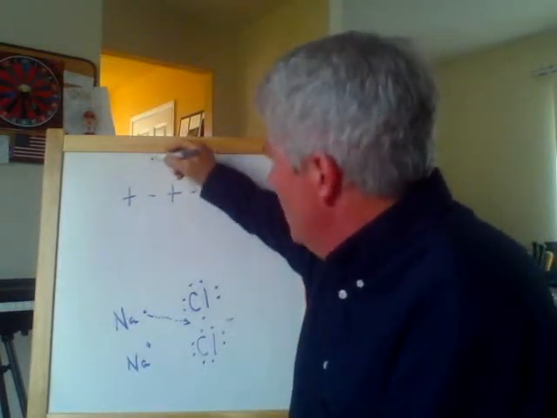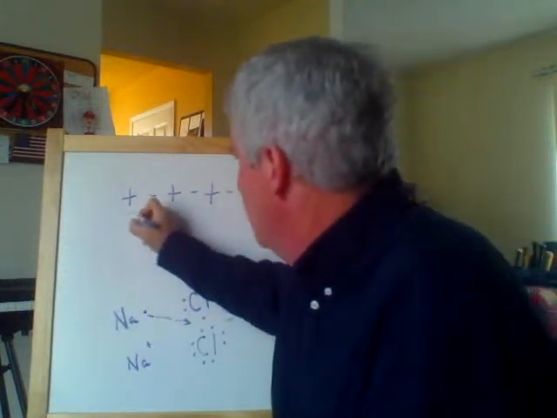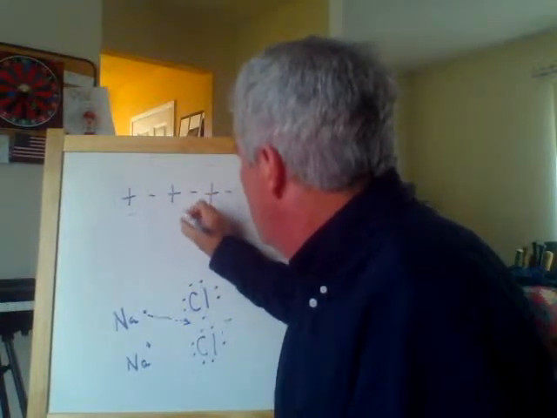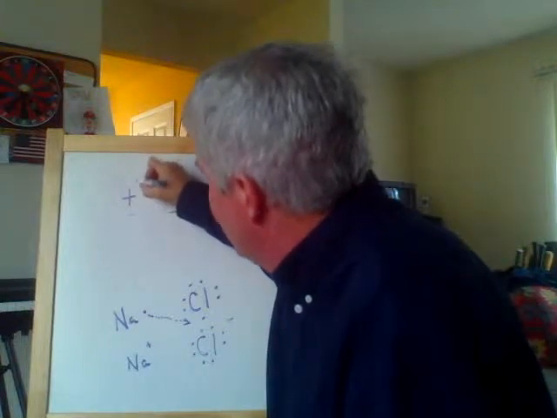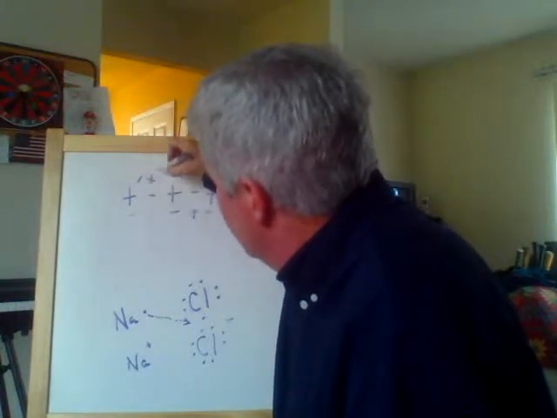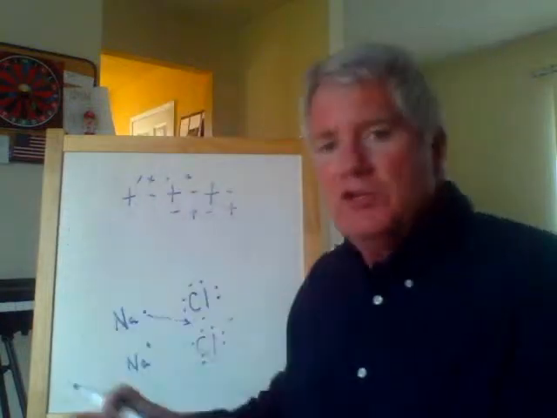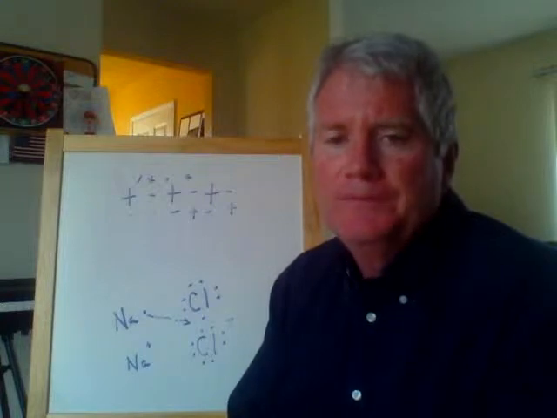And again, these are just depictions of either the cation or the anion. And this lattice will proceed in 3 dimensions. So if I could possibly draw that, you'd see it looking like this in the other direction, and it forms a nice, very stable lattice.